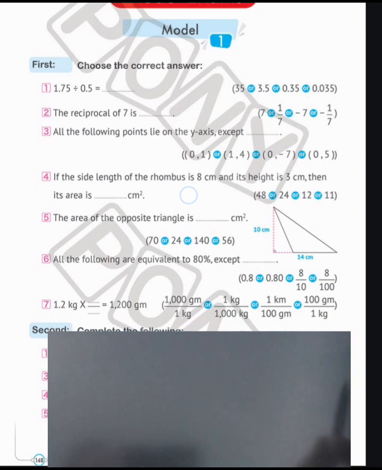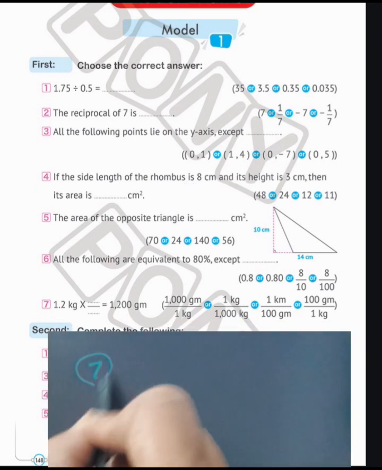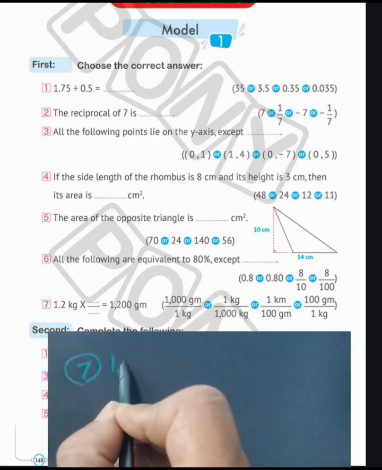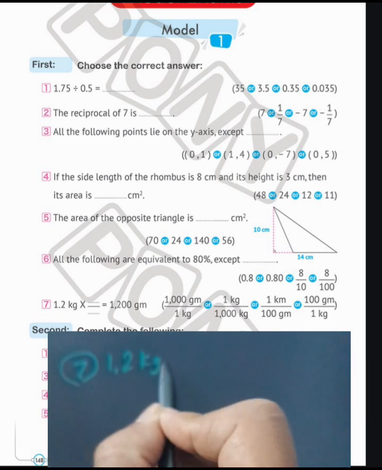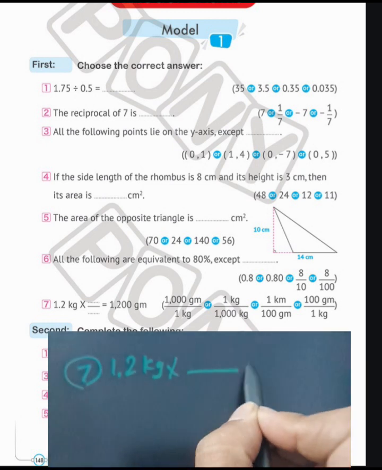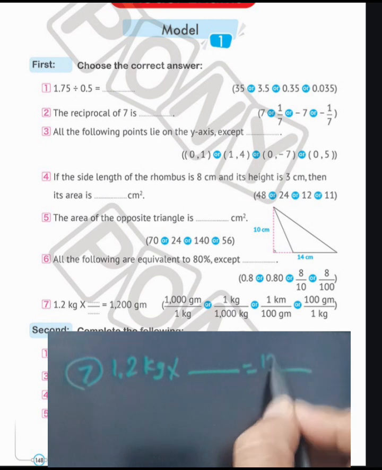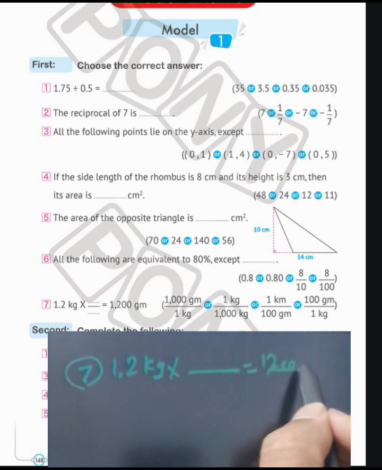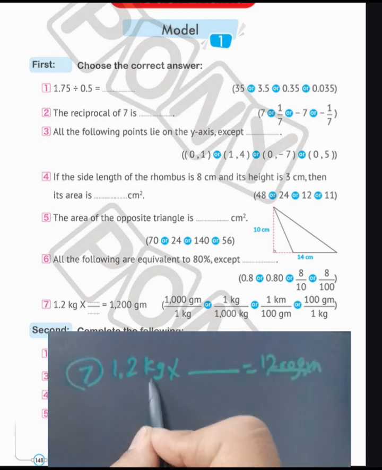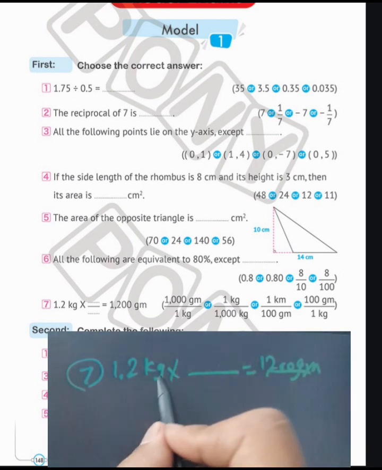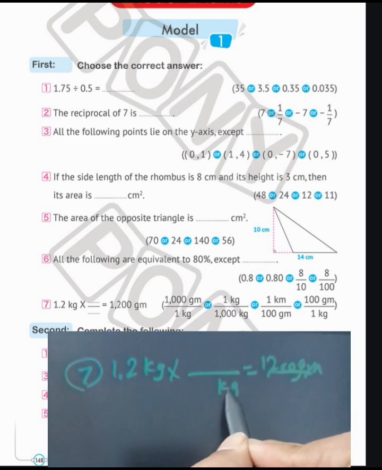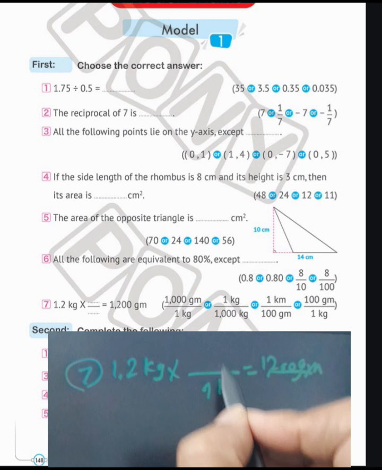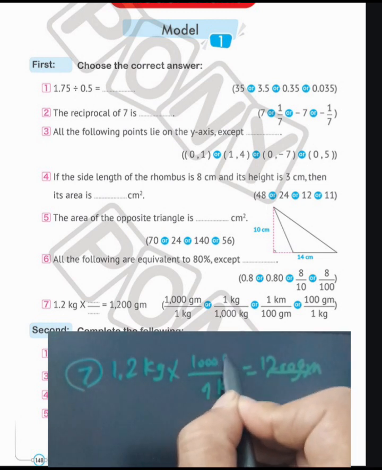Next question number 7. We want to convert 1.2 kilograms, by using a conversion factor, to 1200 grams. To convert from kilogram to gram, you must cancel the unit kilogram, write kilogram in the denominator, and we must know 1 kilogram equals 1000 grams.